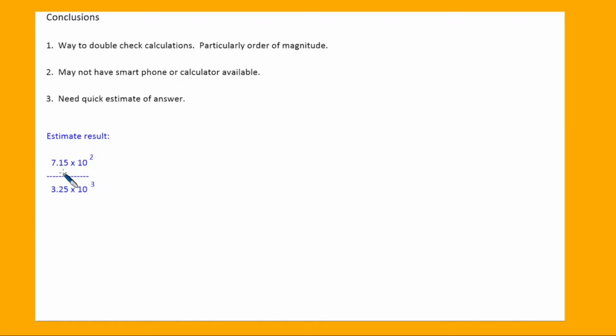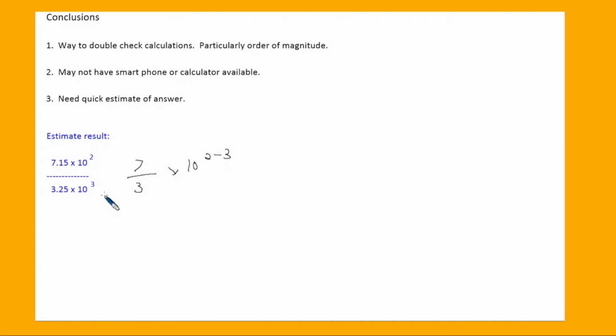Well, to do a calculation like this could take some time, but if you look at the answers, we could do an estimate and do rounding. We have 7 divided by 3 times 10 to the 2 minus 3.